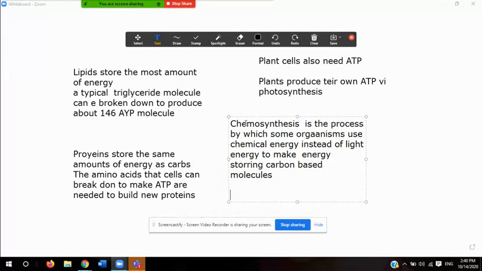It says chemosynthetic organisms make their own food, so it's like photosynthetic organisms.